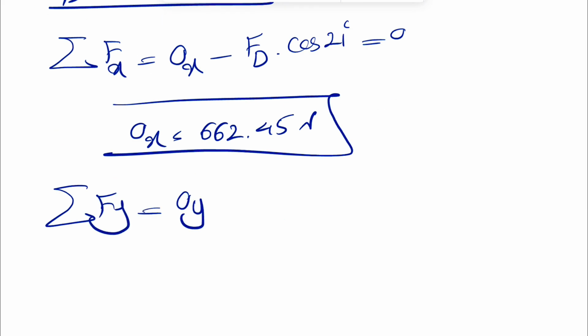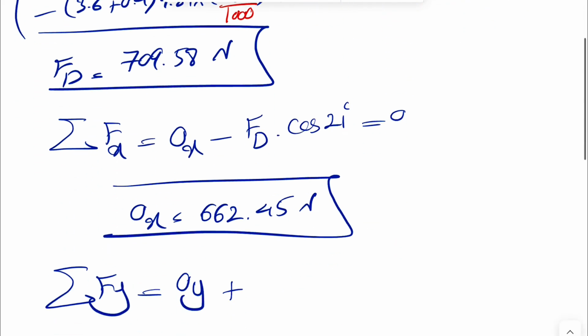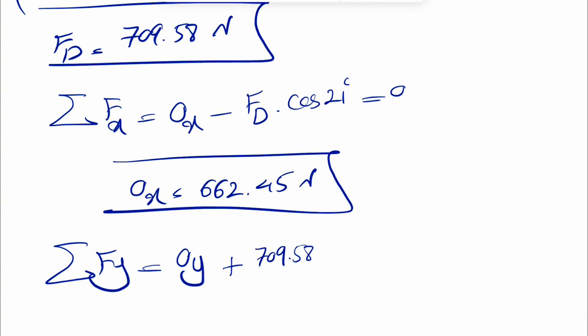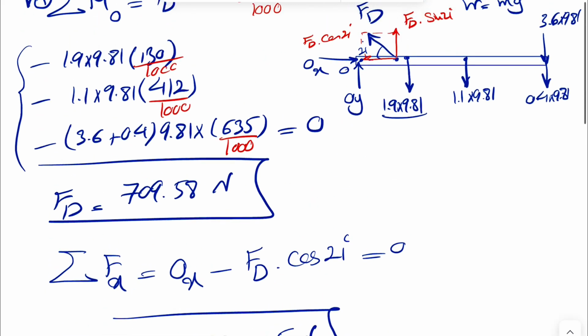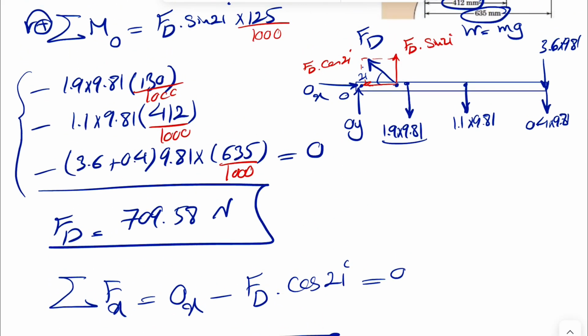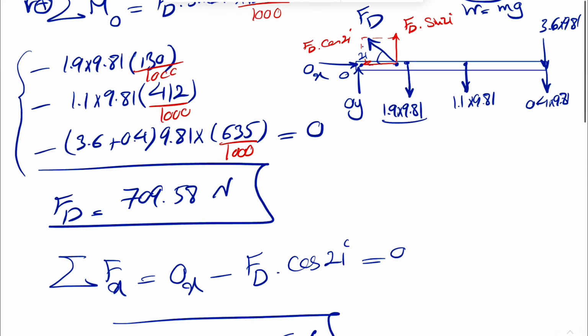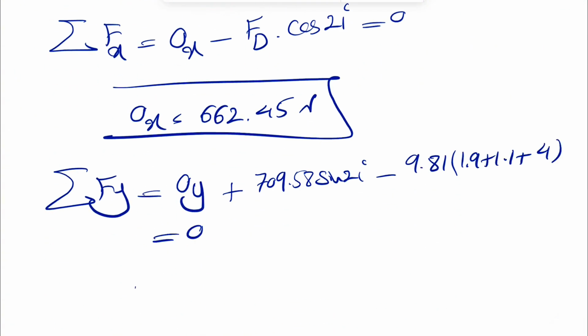And the last one would be OY. So we're going to have OY. We have the Y component of FD, which was 709.58 sine of 21 degrees. And we're going to have all the weights in here. We can factor 9.81 in here and just add all the masses. So 1.9, 1.1 plus 4. So equals 0.